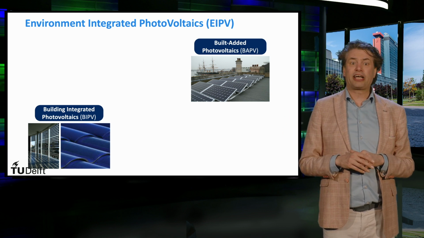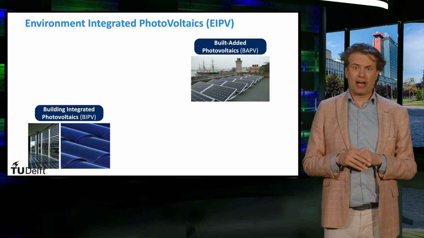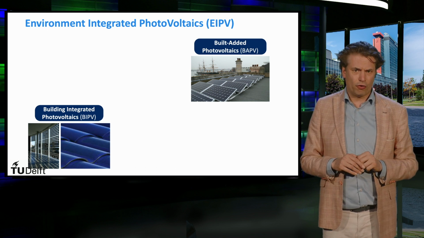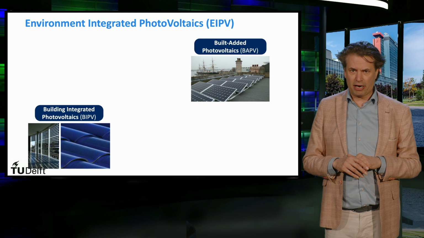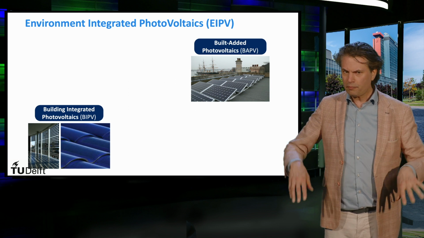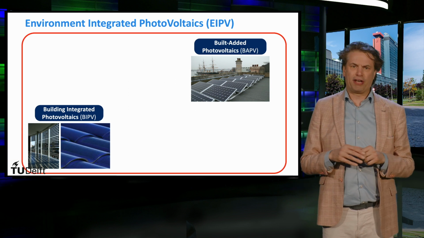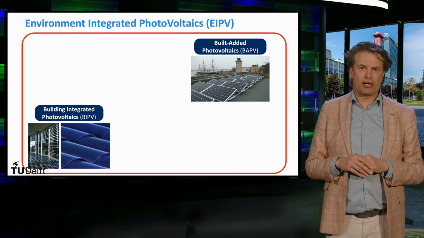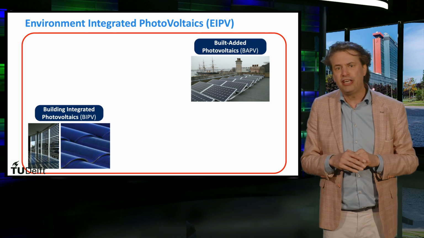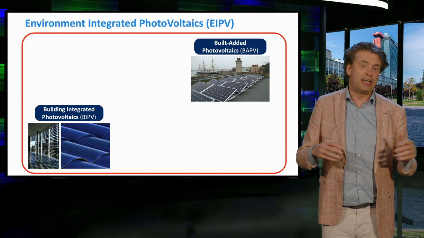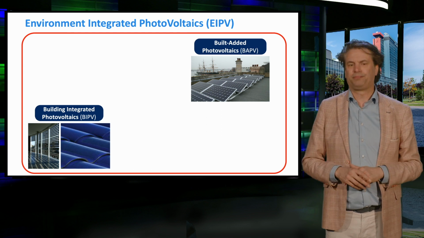These two categories cannot currently define all the innovative applications involving solar energy and the environment where we live. Therefore, the concept of environment integrated photovoltaics, or EIPV, includes BAPV and BIPV and much more.